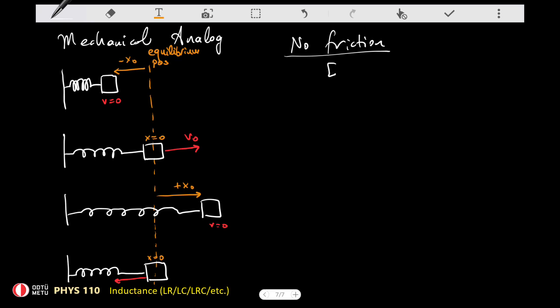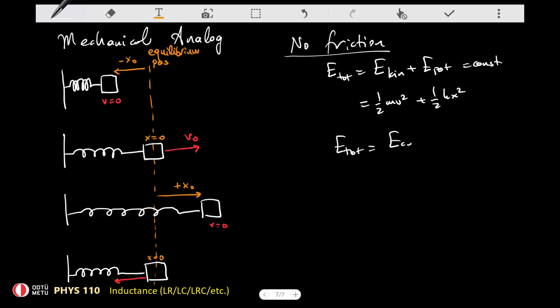So in that case, the total energy is the kinetic energy plus the potential energy. This has to be a constant. The kinetic energy is 1/2 mv squared, and the potential energy is 1/2 kx squared. This is more or less like the situation here, where our total energy is the energy of the capacitor plus the energy of the inductor.